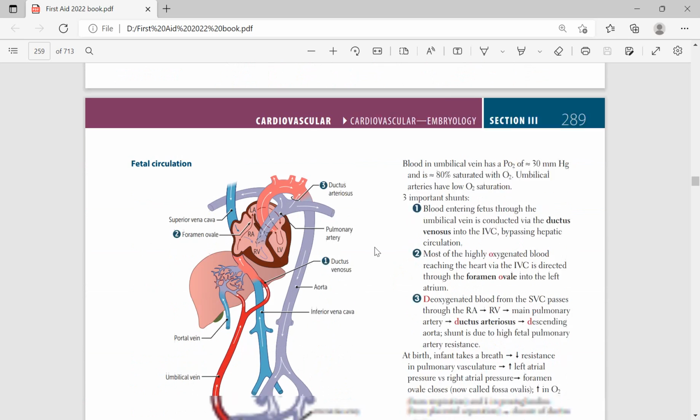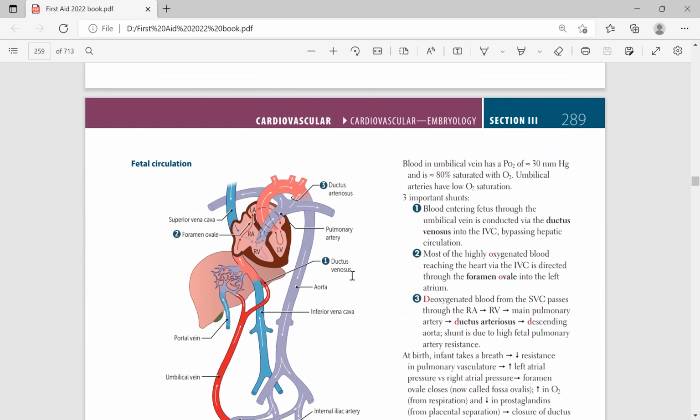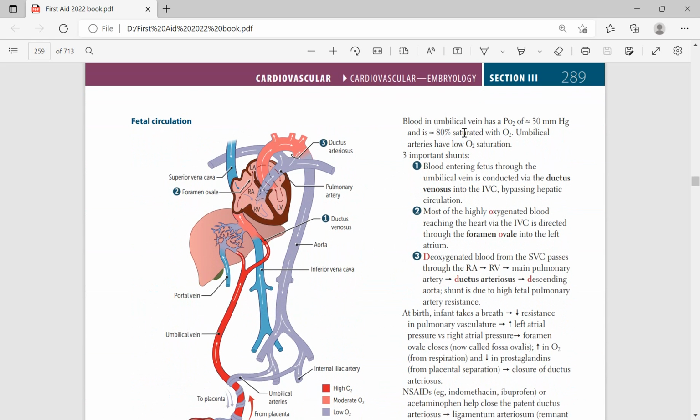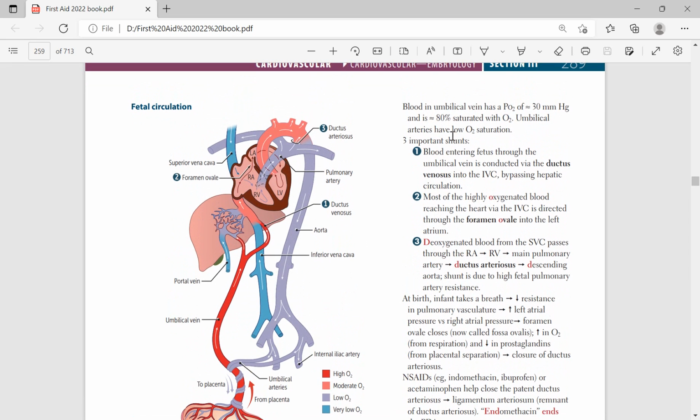Fetal circulation. Blood in the umbilical vein has a partial pressure of oxygen of 30 millimeters of mercury and is 80% saturated with oxygen. Umbilical arteries have low oxygen saturation.